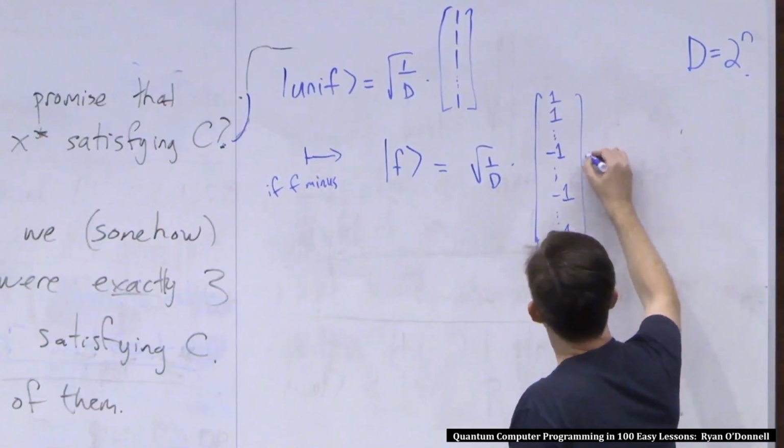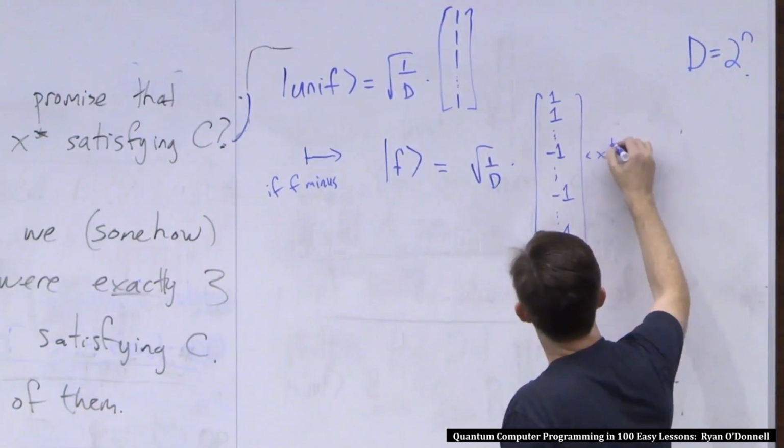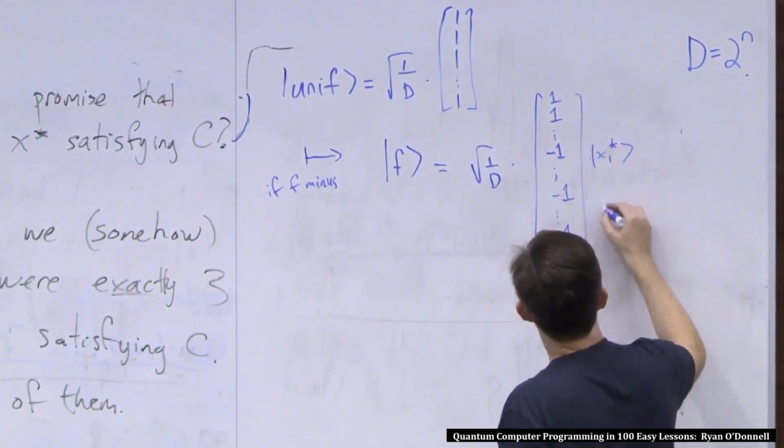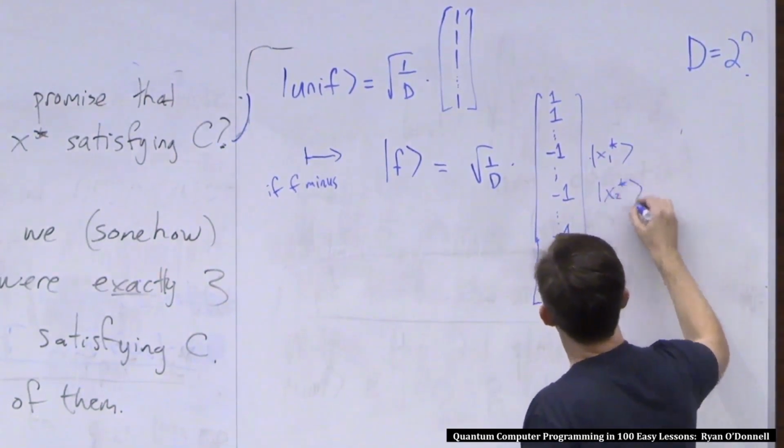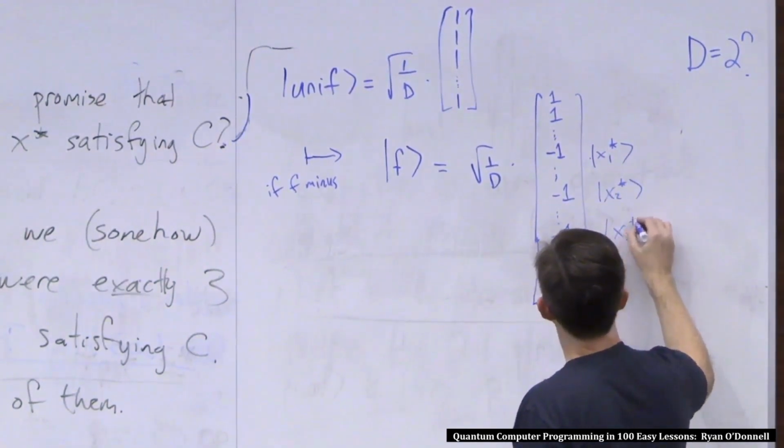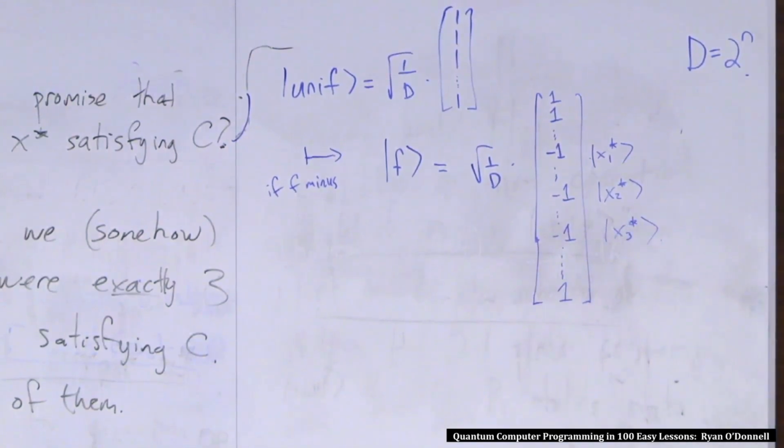This -1 is in the x1 star slot, this one is in the x2 star slot, and this one is in the x3 star slot. So it's mostly 1s, but there are 3 -1s.